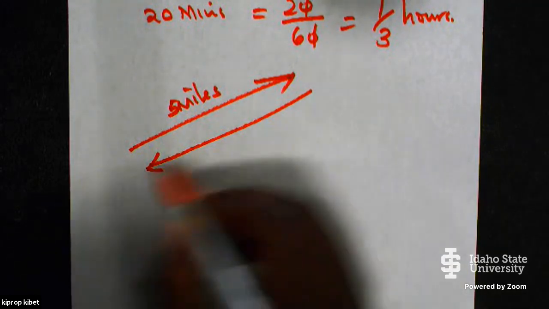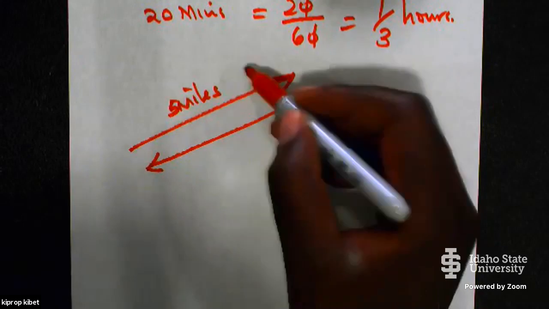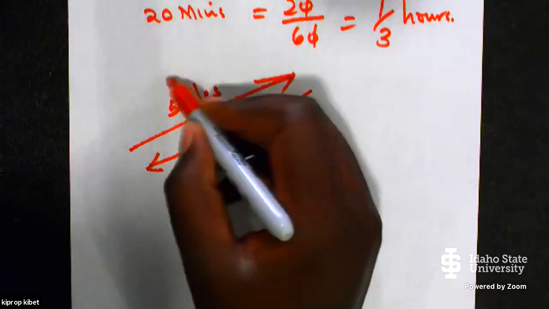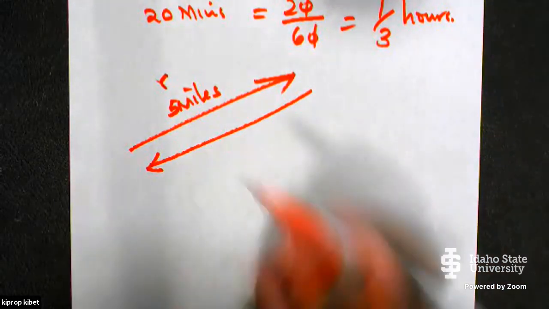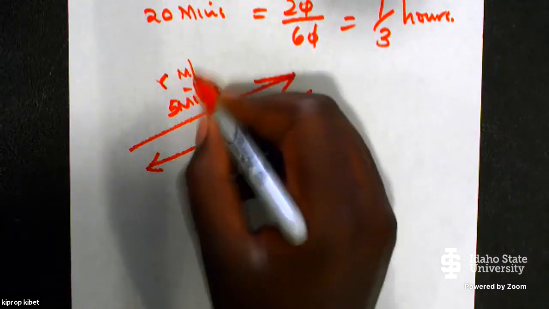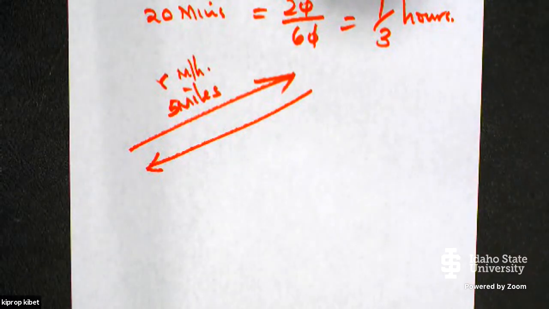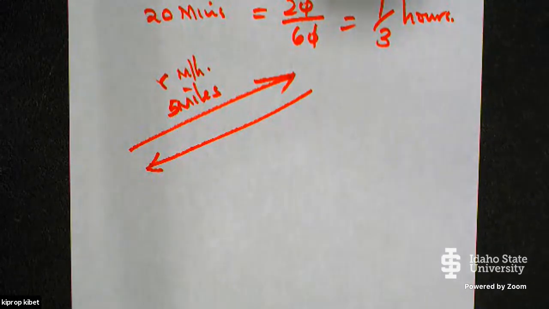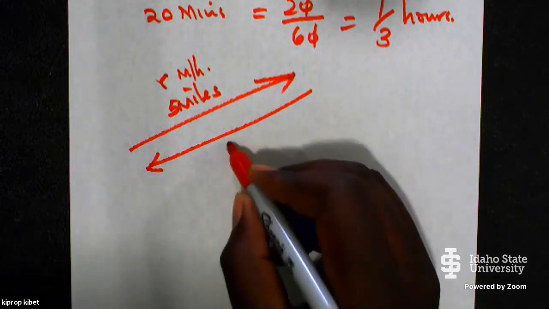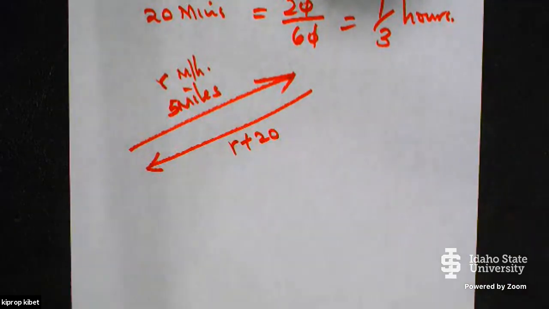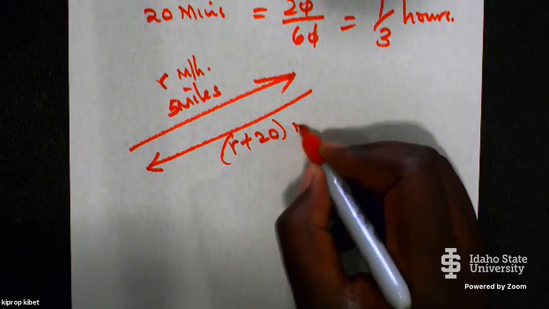Let's put the uphill speed as R miles per hour. Downhill is faster than the other one, so it will be R plus 20 miles per hour.